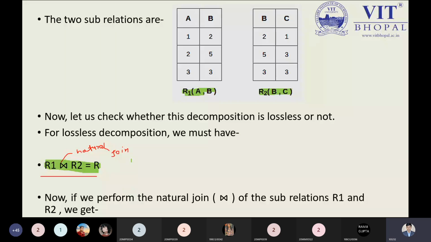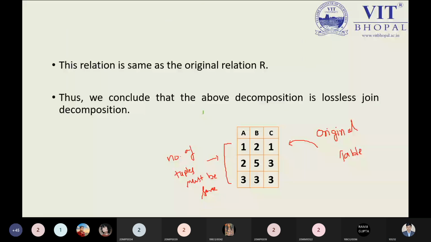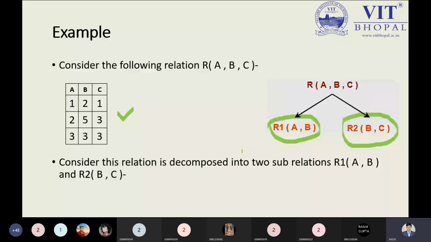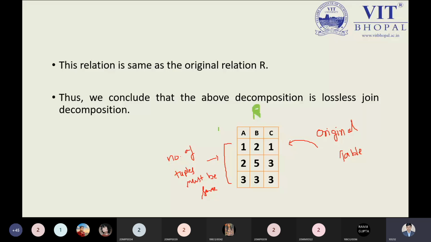Finally, after applying this operation, I'm getting the original table R. It contains three different tuples: 1, 2, 3; 2, 5, 3; and 1, 3, 3. This is the number of tuples given in the original table. I am reading the information column wise, or attribute wise. So this is the lossless decomposition.